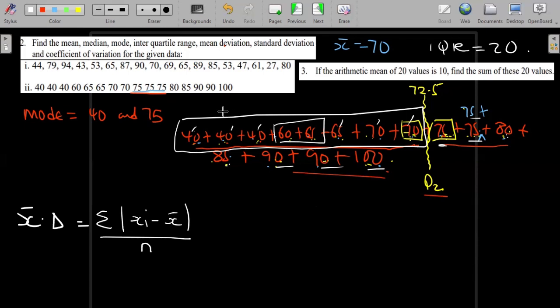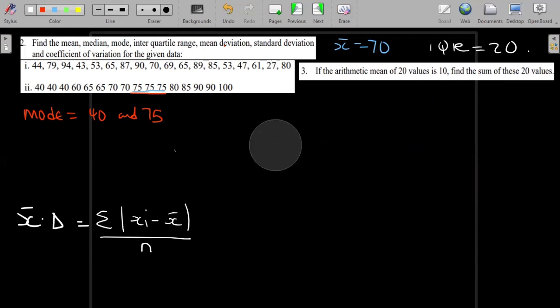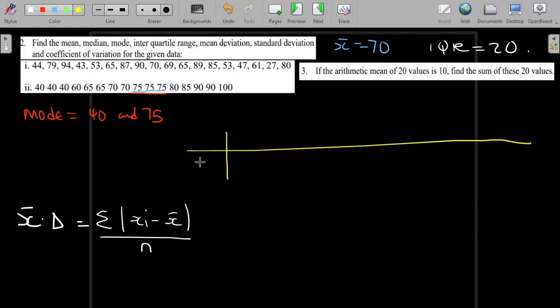We have to find the difference with each of these data points there. So what we are going to do is come up with a table, for easy calculation. So I can erase this. I'm going to come up with a table here. Let me write it in this form.